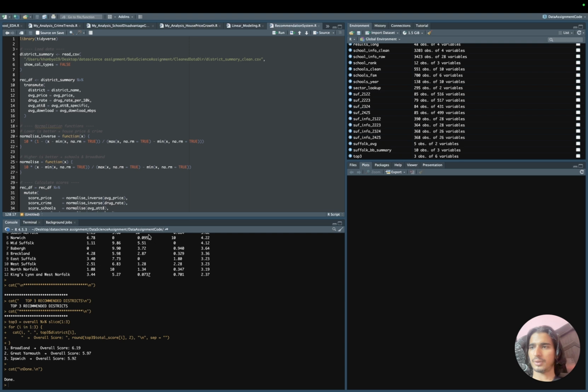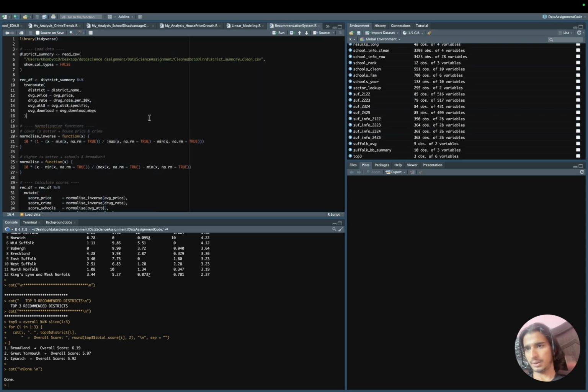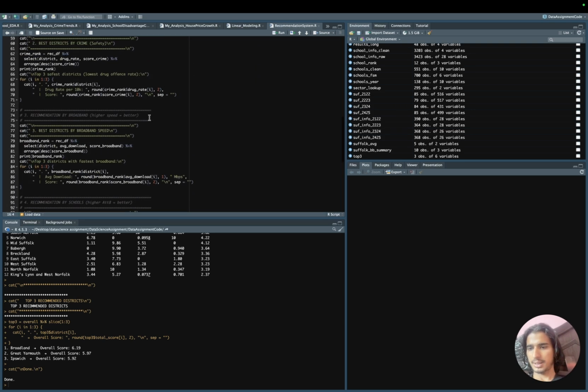And finally, for the recommendation system, I built a system to bring everything together. Here we can see the code.